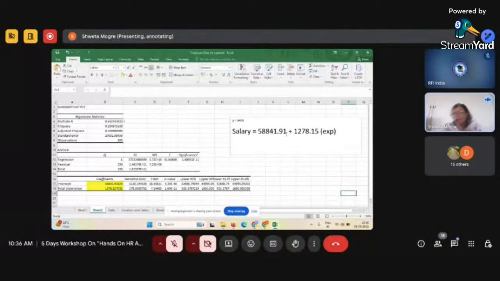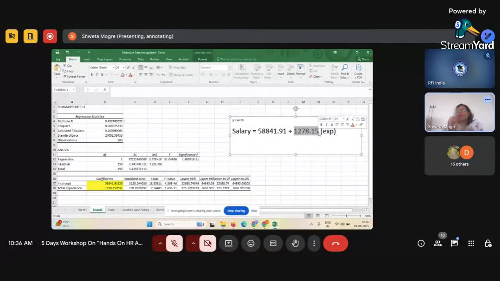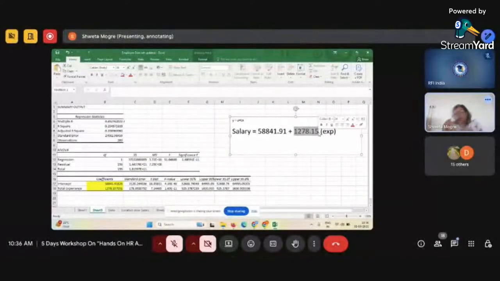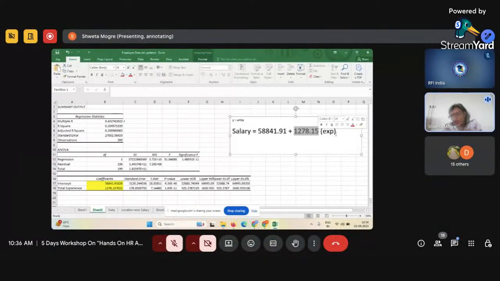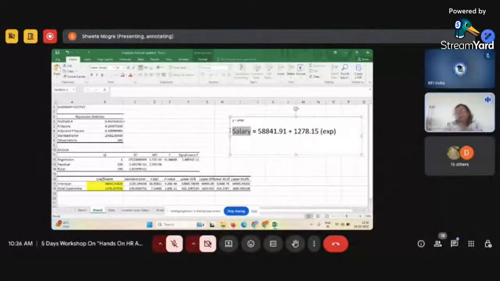Please pay attention. Slope means the coefficient of regression. What does it mean? Slope means if we are changing 1 unit in experience, 1 unit in my independent variable, how much change will occur in my dependent variable? I'm repeating once again.